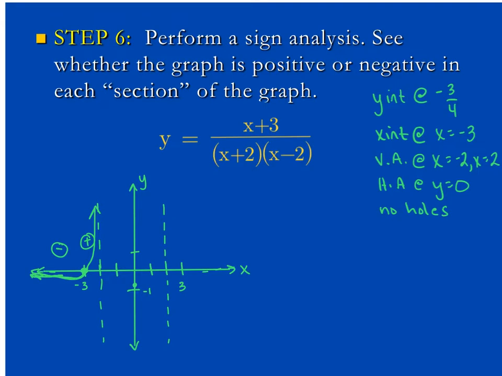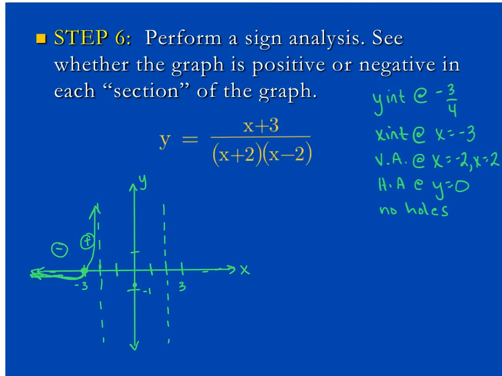Okay, now if I look at the next section of my graph, it's in between these two vertical asymptotes, and I actually have already tested a point because I have my y-intercept in here. So the graph has to be negative along this entire portion of the graph because it can't cross the x-axis and be positive. There would have to be another x-intercept, and there is not.